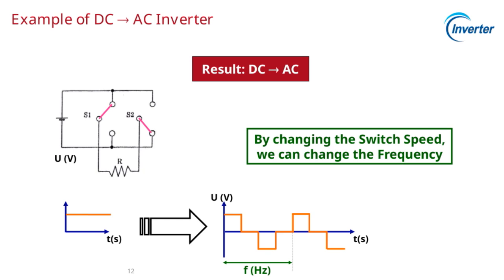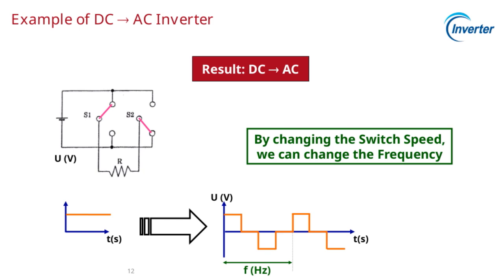As you can see in the graphs, when we adjust the switch speed, the time period T in seconds also changes. This variation in the switching rate results in a different frequency of the output AC power. The main takeaway is that by controlling the switch speed, we can effectively convert a DC supply into an AC output with a desired frequency.